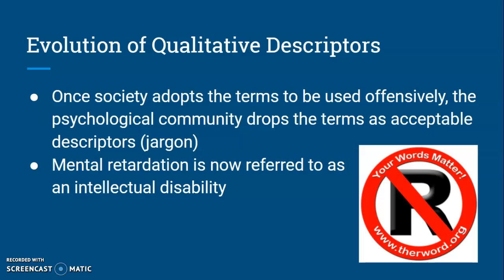So basically, once those terms have been used frequently enough that they are common terms within society and begin adopting offensive meaning behind them, then they're no longer utilized by the psychological community. For example, mental retardation is now referred to as an intellectual disability, and that's just due to the abuse of the term retardation.